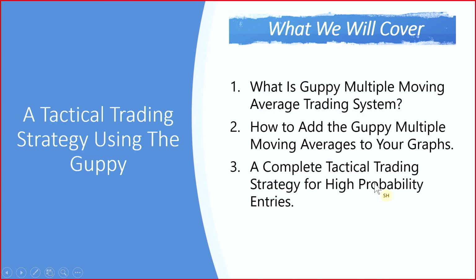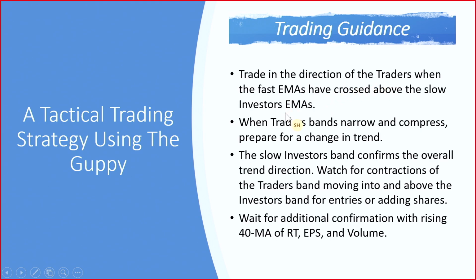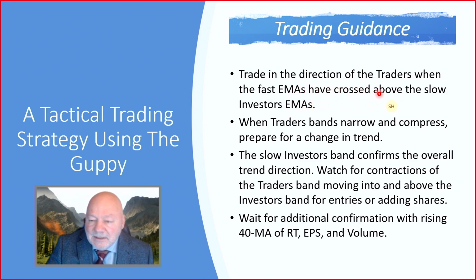So in terms of the guidance with this tactical trading strategy using the Guppy, we want to trade in the direction of the traders when the fast EMAs have crossed above the slow investor EMAs. We want to see the trader bands narrow and compress and then start to separate from that compression and into an expansion phase.